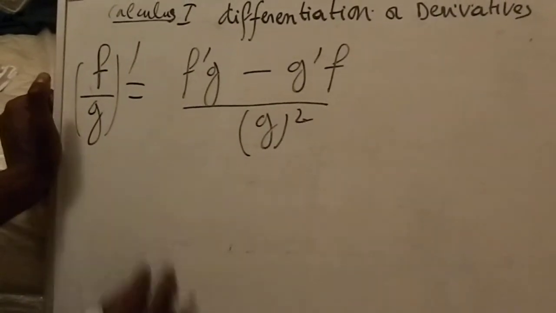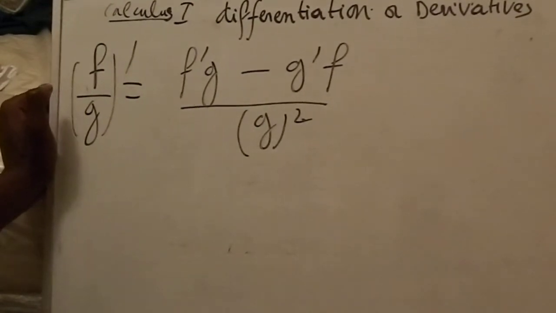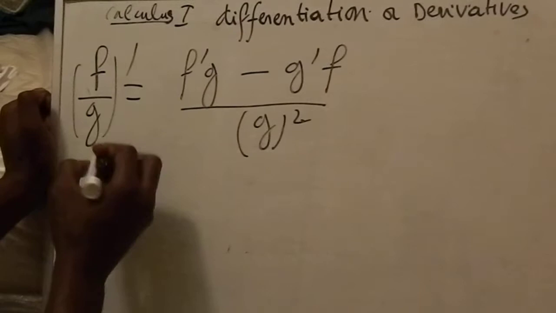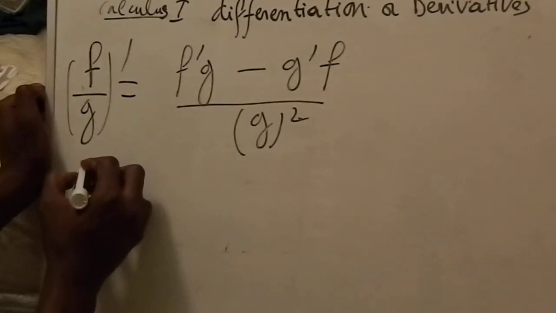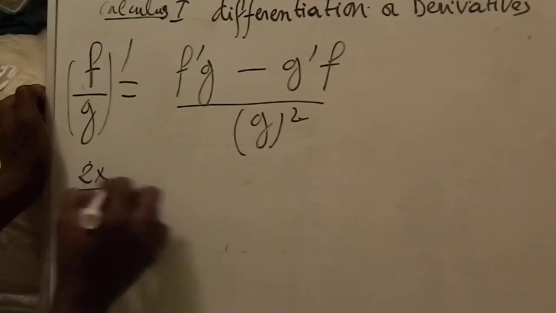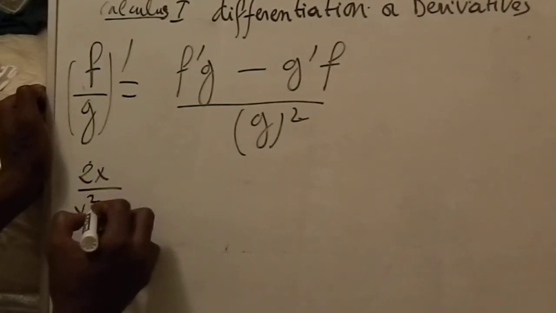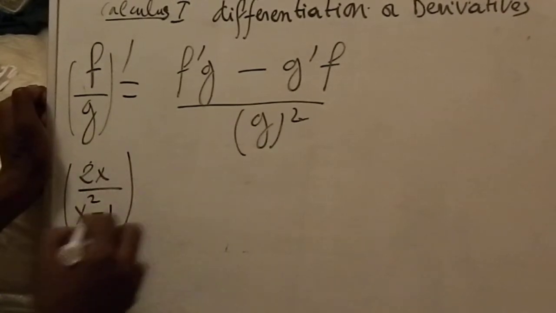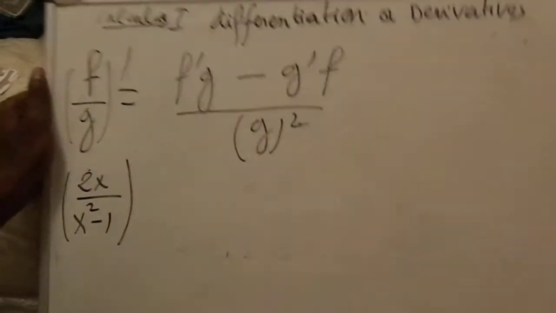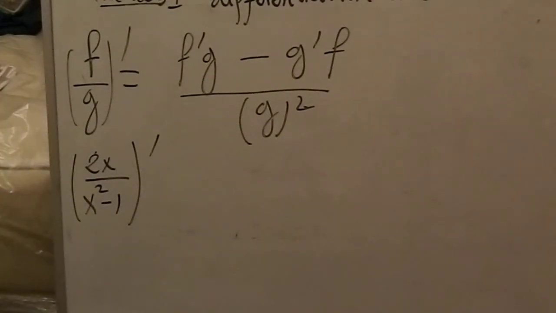Now let's give an example that we can quickly manage here. Let me say that I have a function 2x over x squared minus 1. They want me to find the derivative of that.